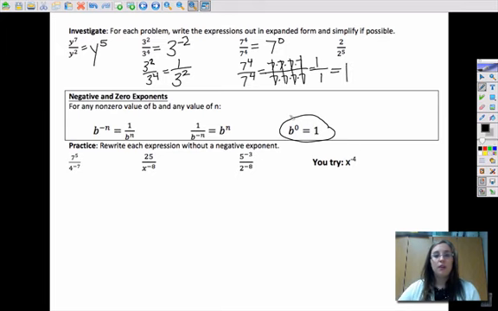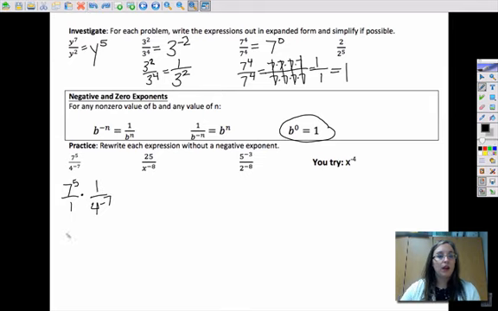Okay? So I want every expression to not have a negative exponent, so here's what I'm going to do. I've got 7 to the 5th divided by 4 to the negative 7th. So I'm going to actually split these out. I'm going to think of this as 7 to the 5th over 1 times 1 over 4 to the negative 7th. And then I know that to get rid of this negative, I can take the reciprocal of this second fraction.